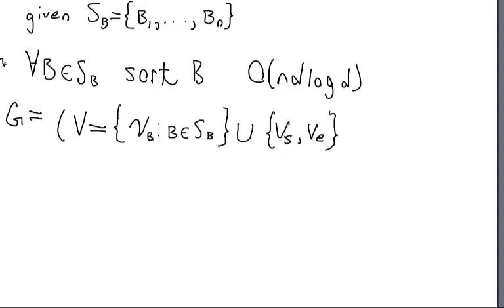And I'll explain why we need that in a second. So what we have basically is we're going to make a vertex for every box. So a vertex is going to represent a box, and then we add 2 extra vertices to that.